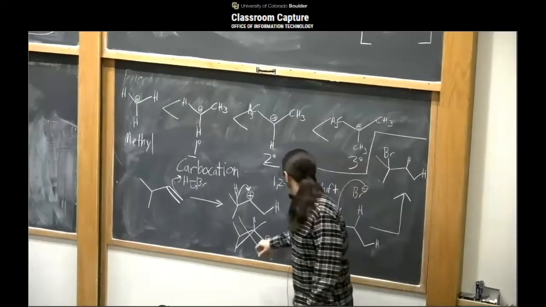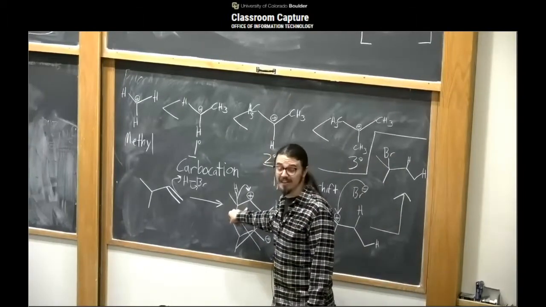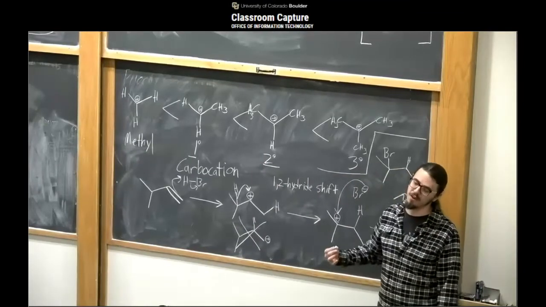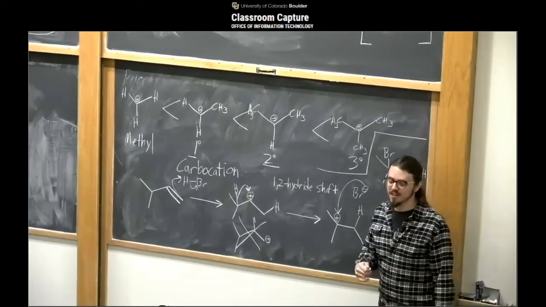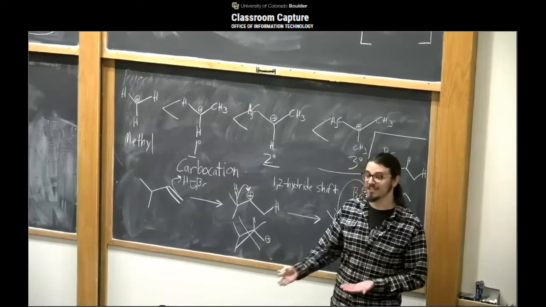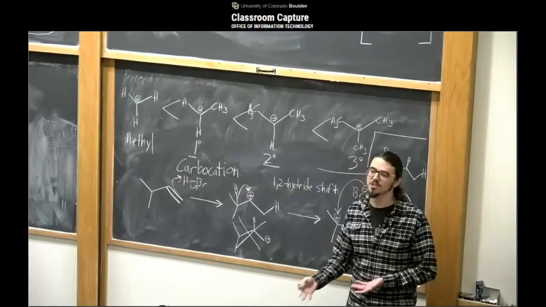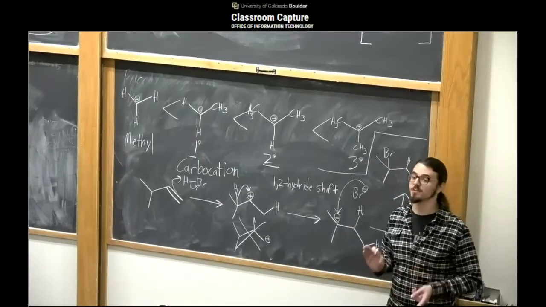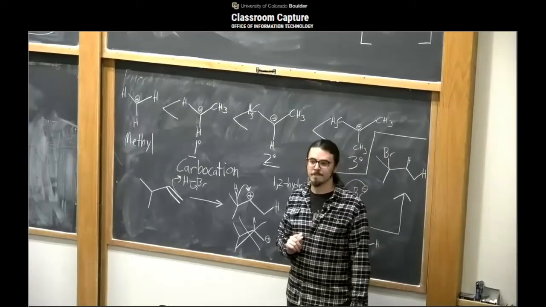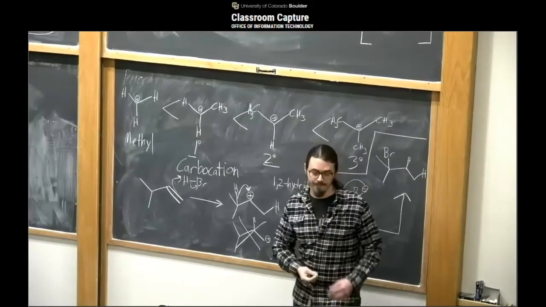But the reaction to go from this secondary carbocation to the tertiary carbocation only relies on that one species, because we don't care about the concentration of two species. So in general, intramolecular reaction steps are going to be faster than intermolecular reaction steps just because you don't have to worry about the concentration of two different species. Any others? Okay.